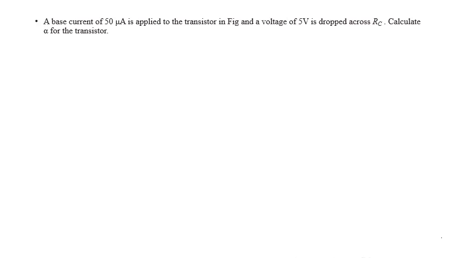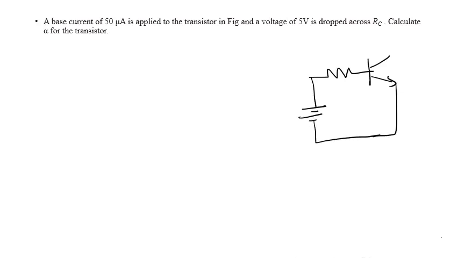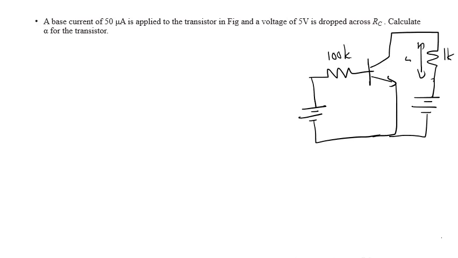We have a common emitter circuit given in the question, with resistances of 100k and 1K, and 5 volt is dropped across the 1K resistance.